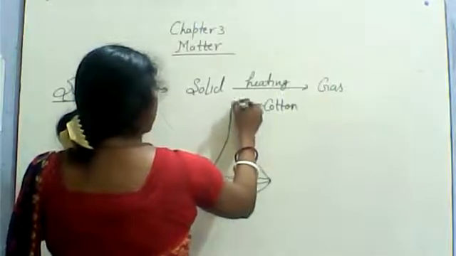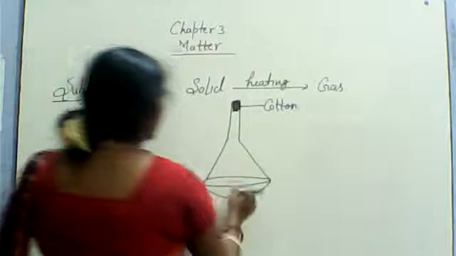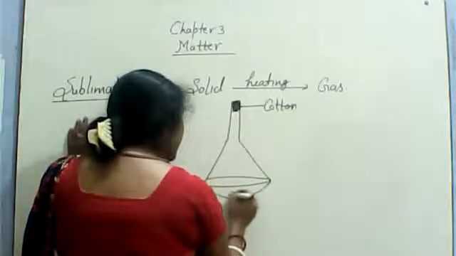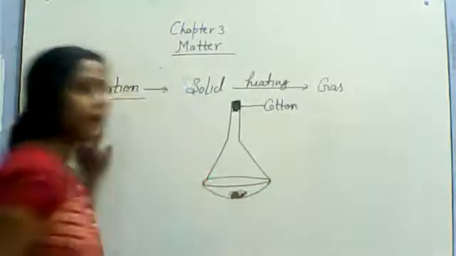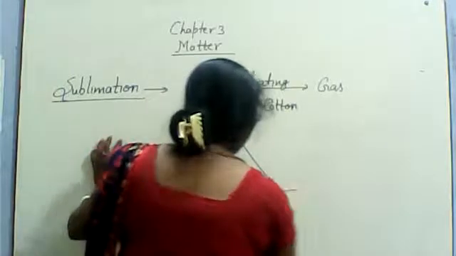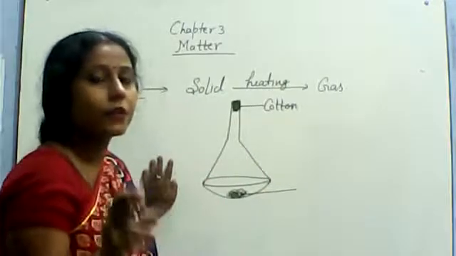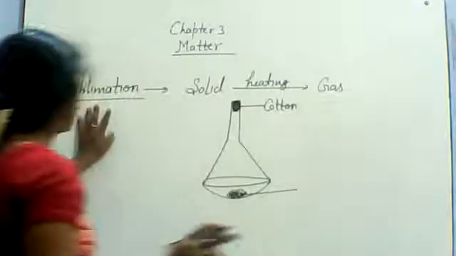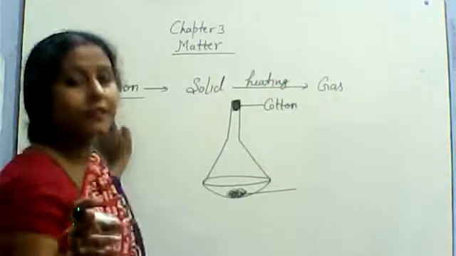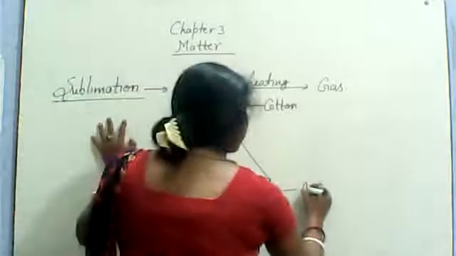By cotton, we close this funnel, and in the china dish some ammonium chloride, which is for sublimation. The substance which sublimates, that is called sublime. So ammonium chloride is the sublime.